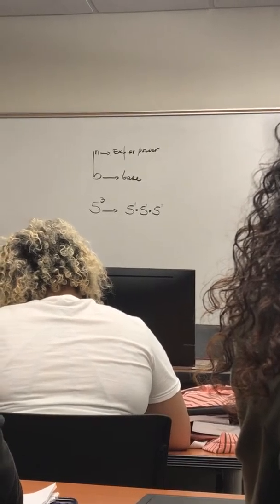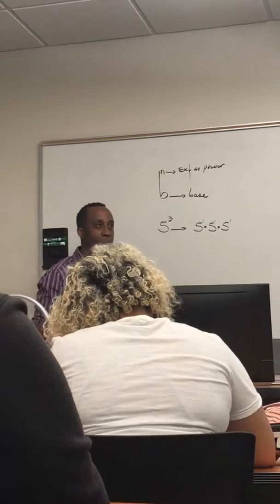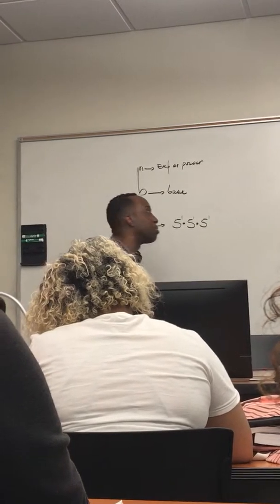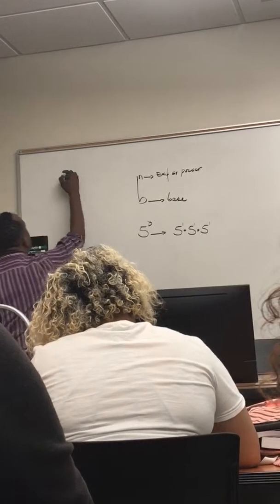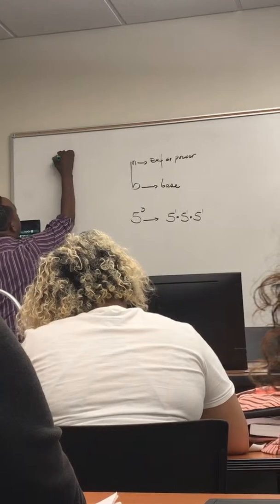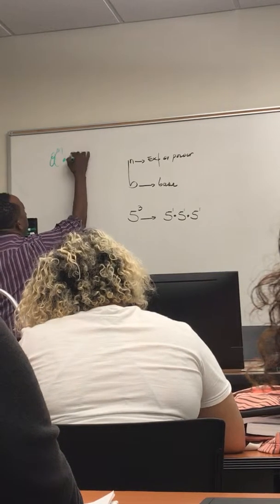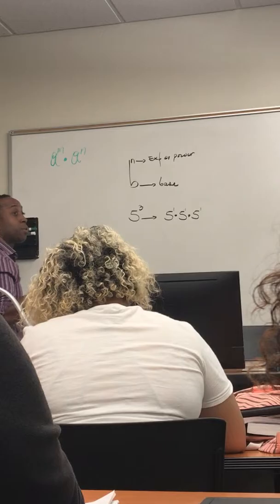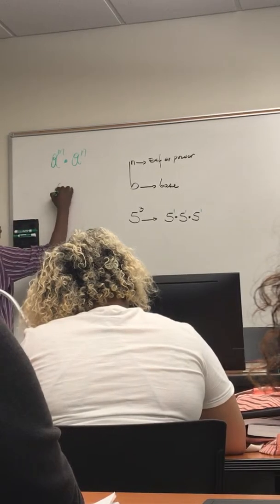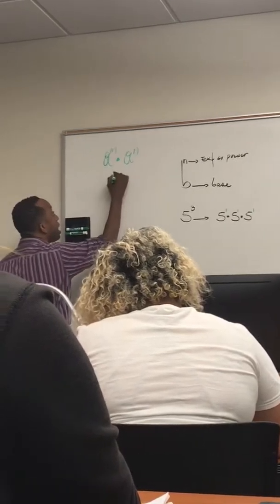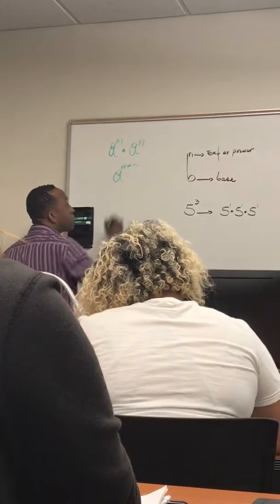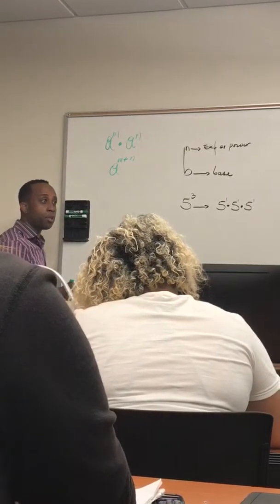All we want you to remember is that if you multiply like bases, you keep the base and add the exponents. The formula for that is: if I have a to the m times a to the n, you keep your base a and add the exponents as m plus n. So far so good, right?